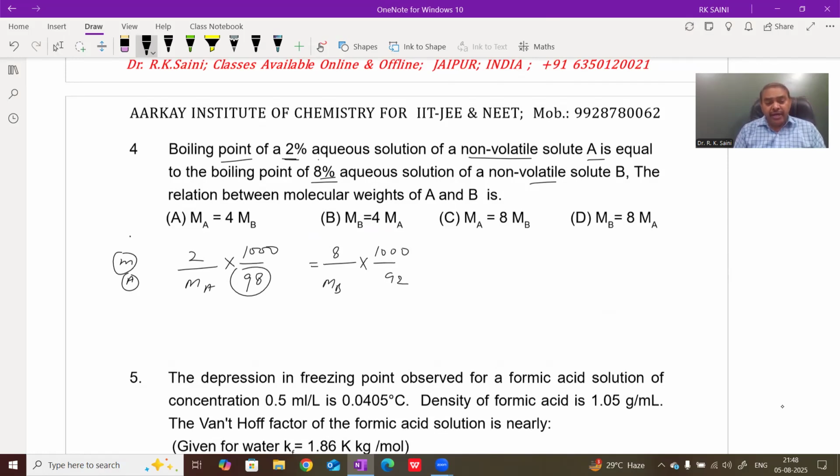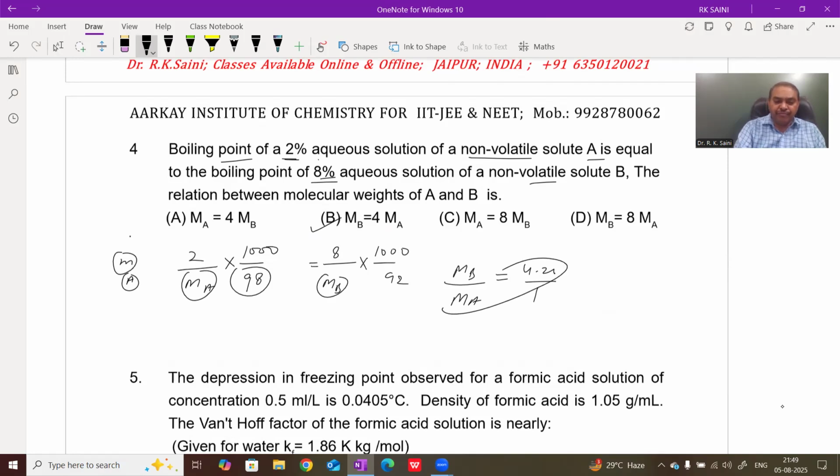It means 100 gram solution contains 8 gram of B. It means the weight of solvent is 92. And then find the ratio of MB to MA. The ratio of MB upon MA equals nearly 4.26. But roughly we write MB equals 4 times MA.